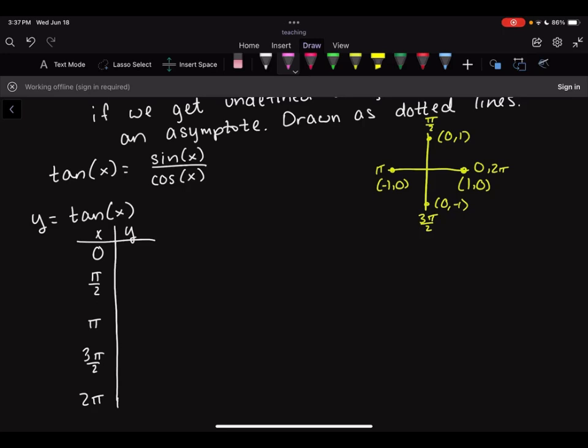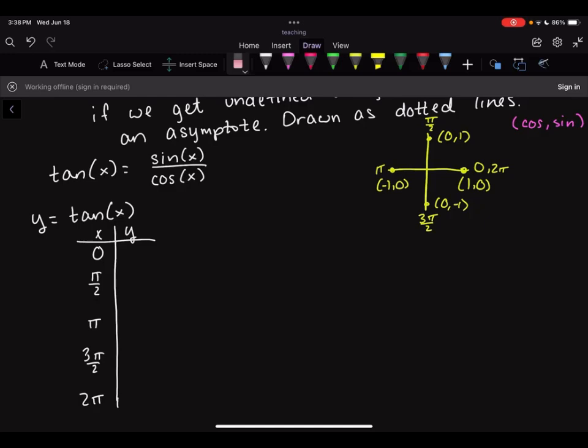Now if we remember that tangent is sine over cosine, when I'm looking at tangent, I'm going to take my sine value over my cosine value. Remember, all these points are cosine, comma, sine points. So the cosine is the x and the sine is the y.